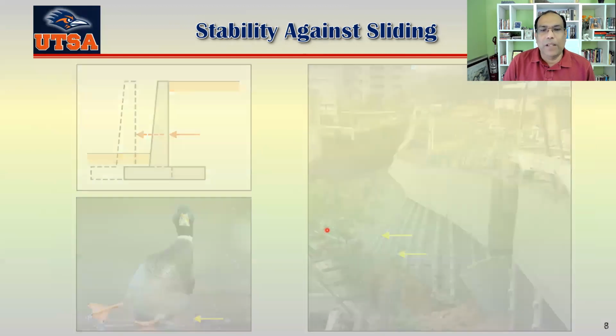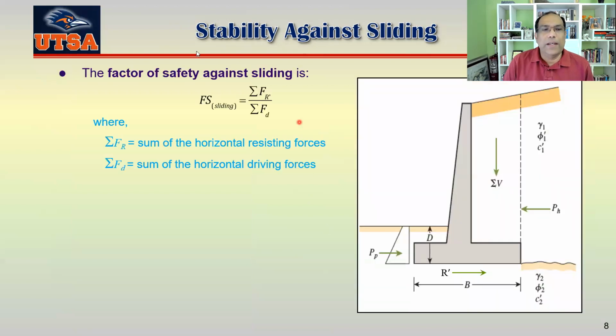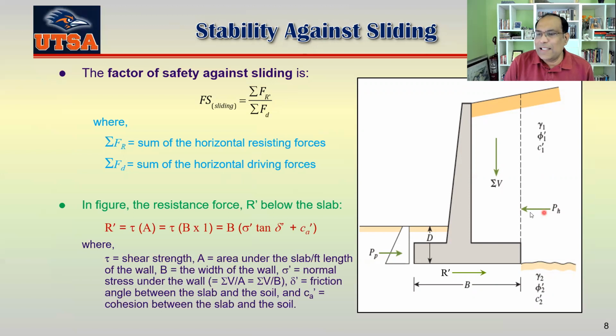Now let's see the way we try to do that here. You can see the factor of safety against sliding is basically the summation of forces that's trying to resist the movement, over the summation of forces that's trying to drive that force here. So if you see the horizontal force working here, pH is basically trying to slide in the other direction, where these two forces here, PP and R, are trying to resist that one.